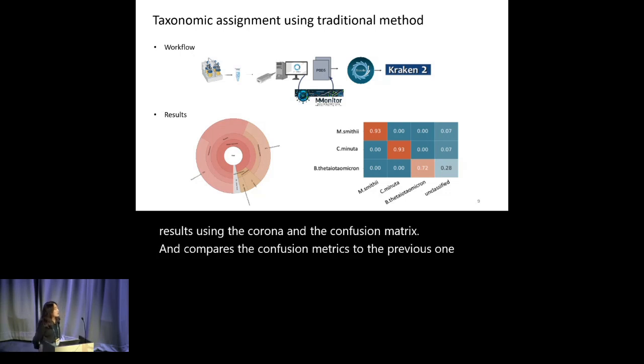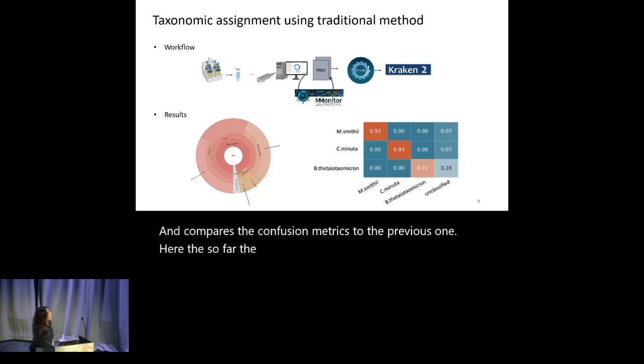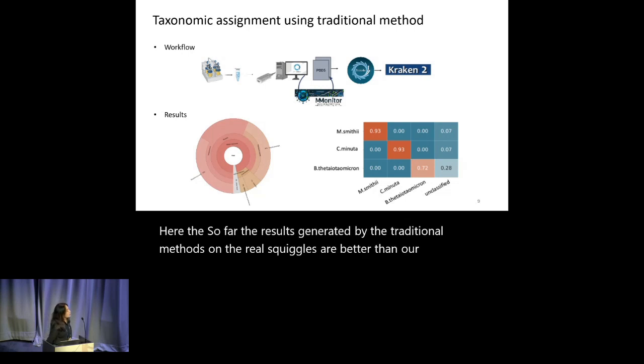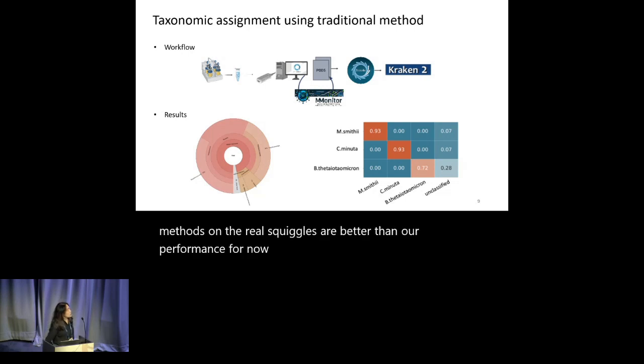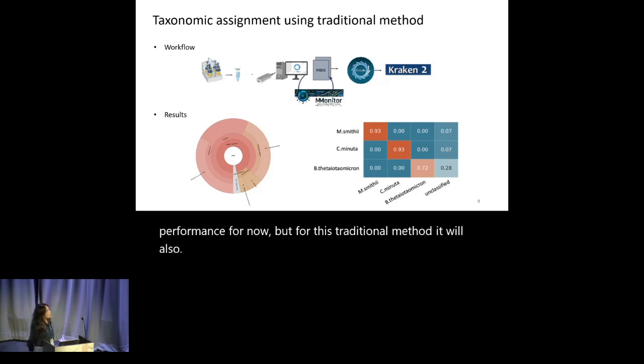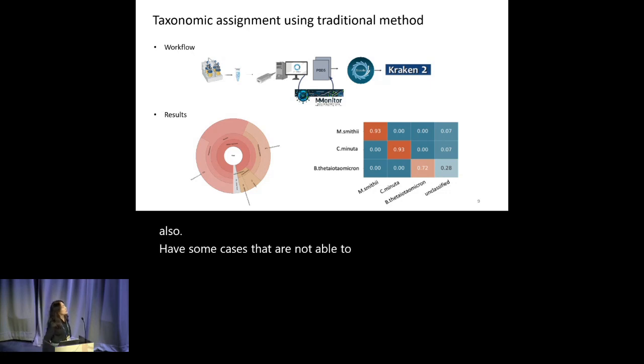So far, the results generated by the traditional methods on the real squiggles are better than our performance for now. But this traditional method will also have some cases that are not able to be classified to one of the species.